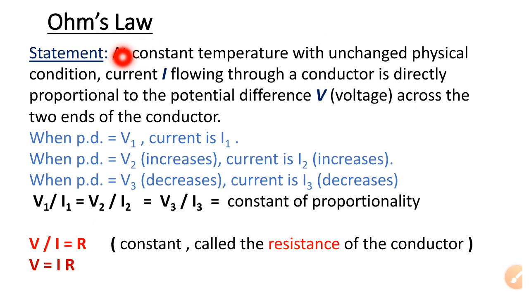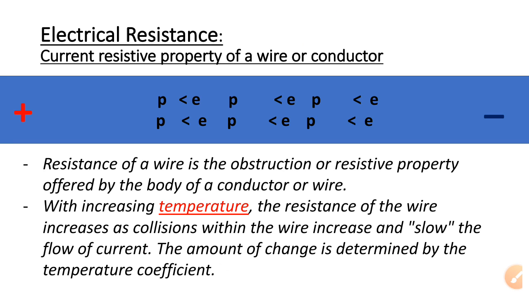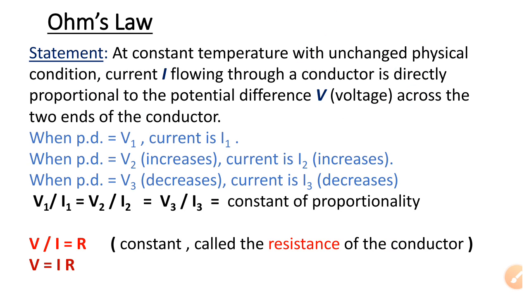Now the statement of Ohm's law, as I have said about the temperature, don't forget about temperature. We will take the temperature constant for a particular conductor or wire. So the statement of Ohm's law starts with that part.